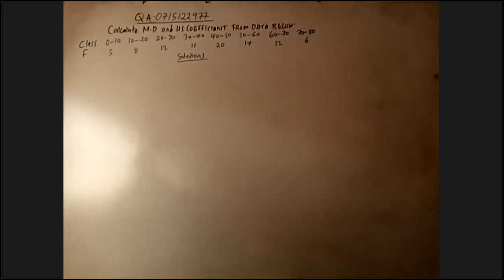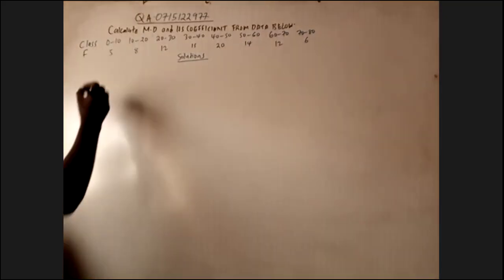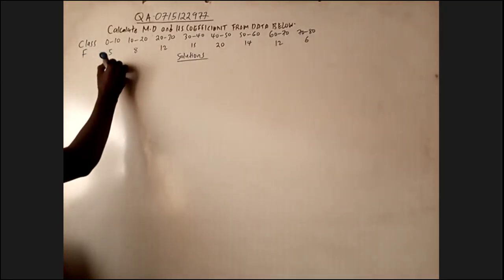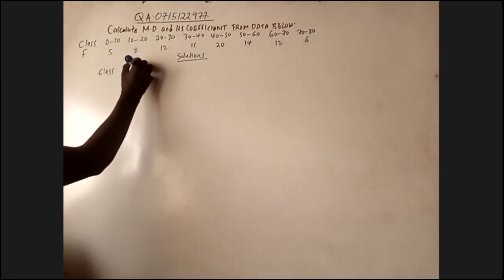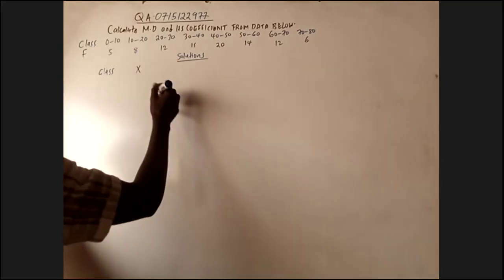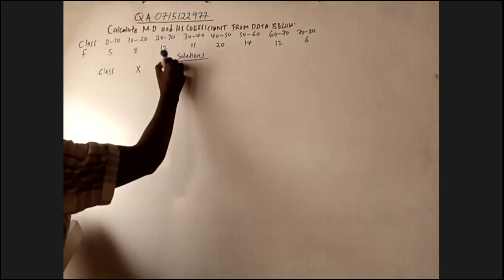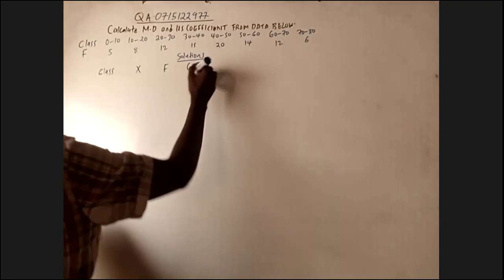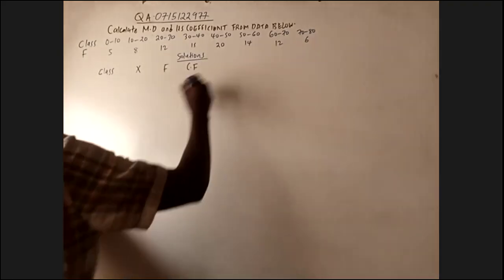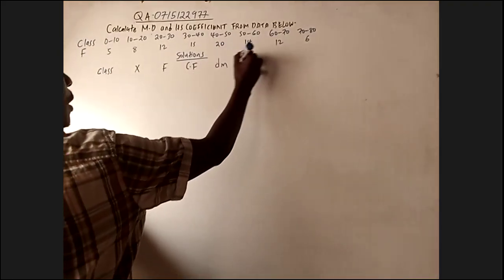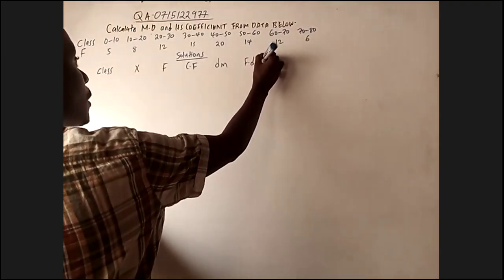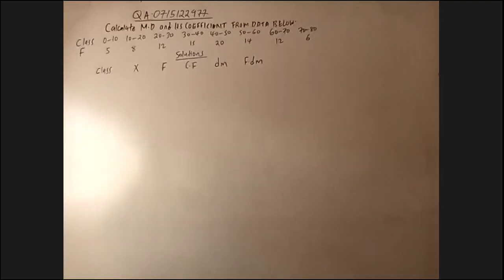That one is correct. Now we have the class, then our midpoint, which is x, then our frequency, then our cumulative frequency. Then we need our DM, then F, DM. So we have to make a median.